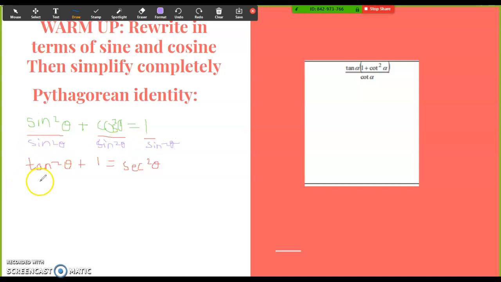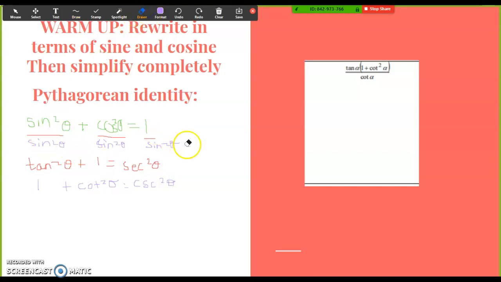And if I did that, I would end up with 1 plus cosine squared of theta over sine squared of theta, which is cotangent squared theta. And that's equal to 1 over sine squared of theta. Well, we know that is just cosecant squared theta.